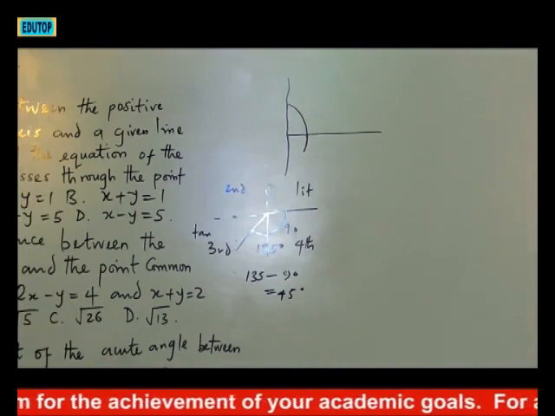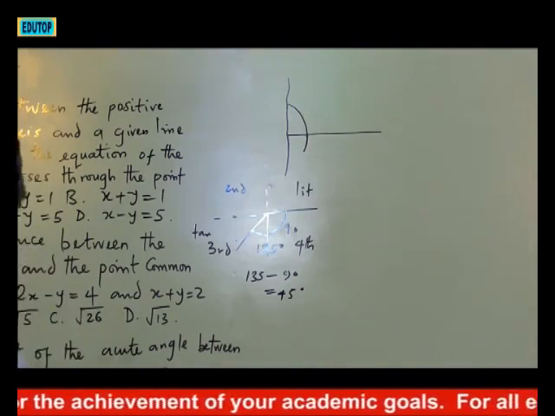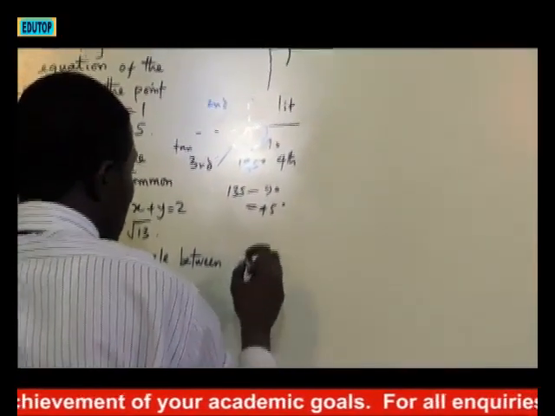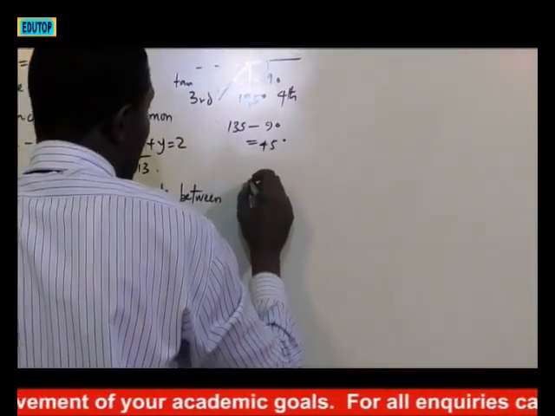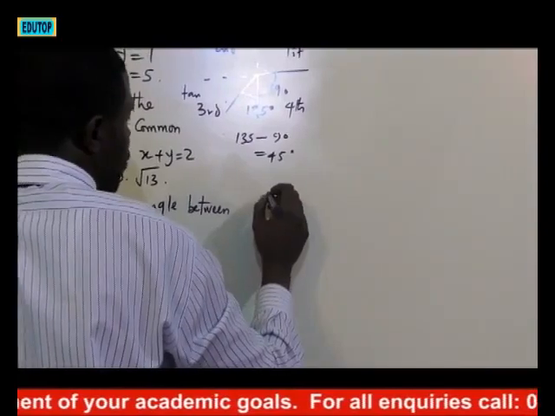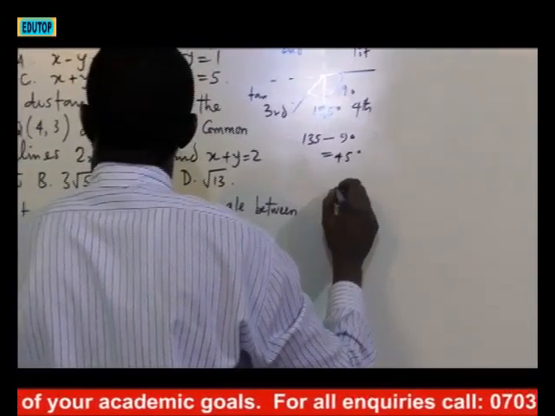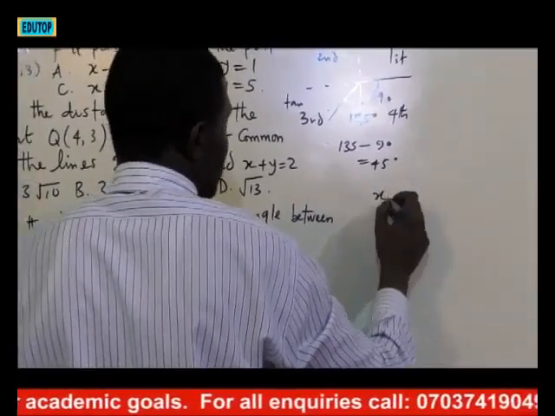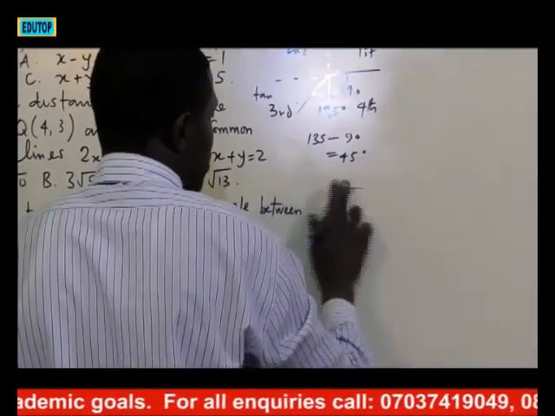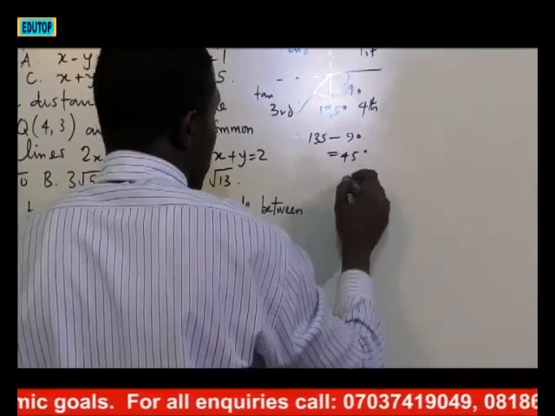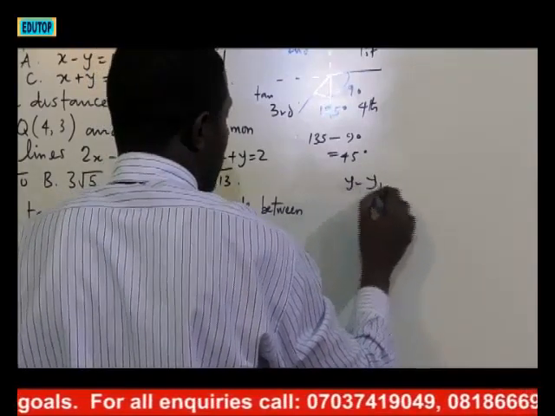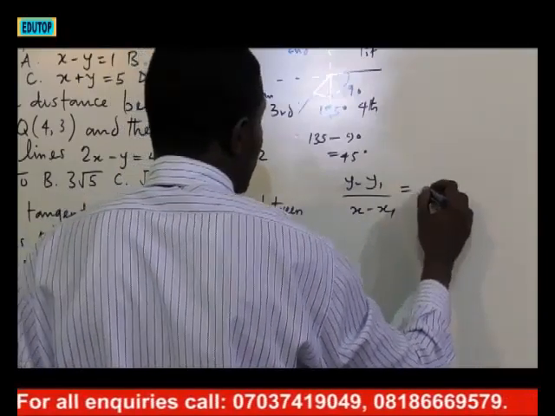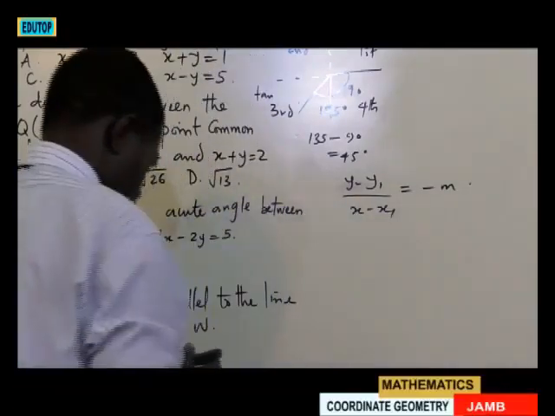So in that situation, we have 45 degrees. And remember that the formula to solve this particular problem will definitely be the equation of the line: (y - y1)/(x - x1) equals negative of the gradient.